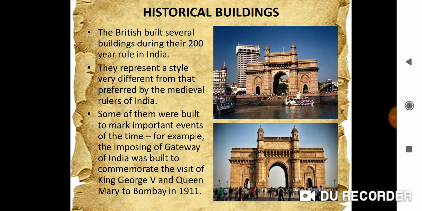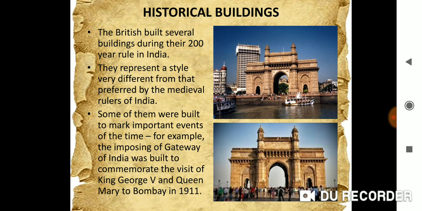But there is also one point needed that is not mentioned: they also mixed up the style. They kept the Mughal style and they also introduced their new Gothic style. So they mixed up the old Indian style with the new British style.